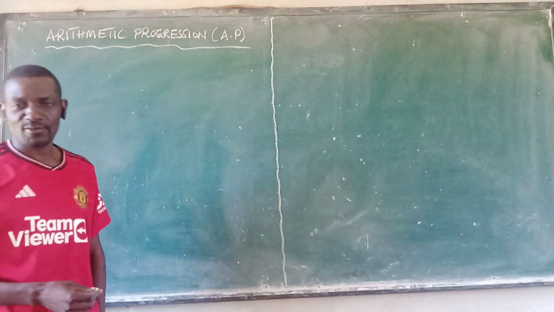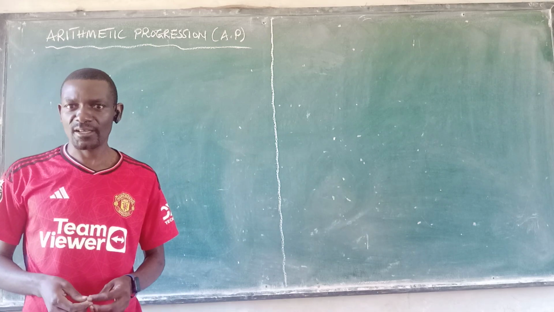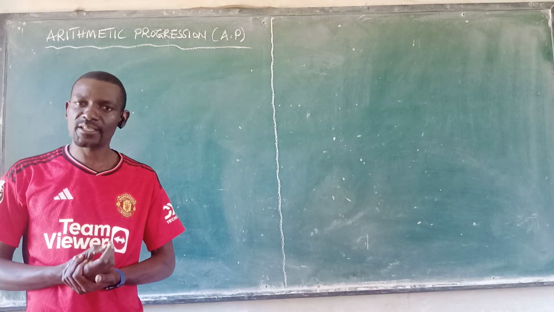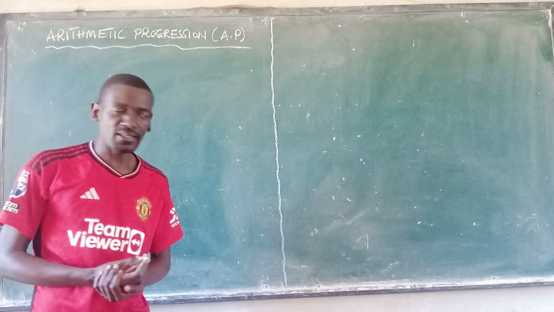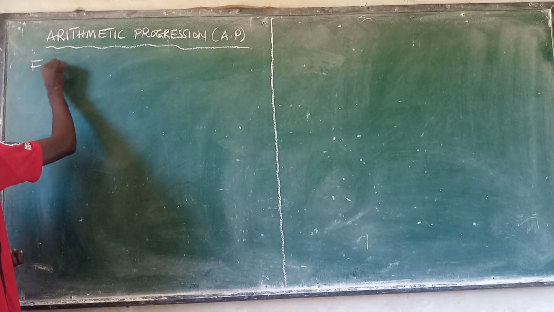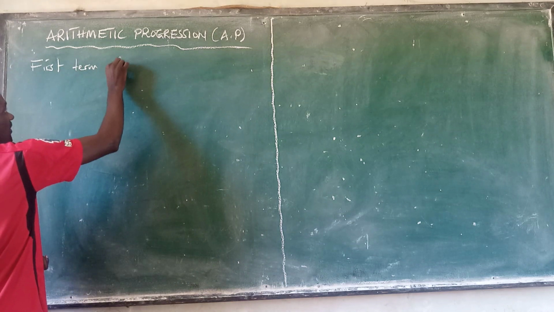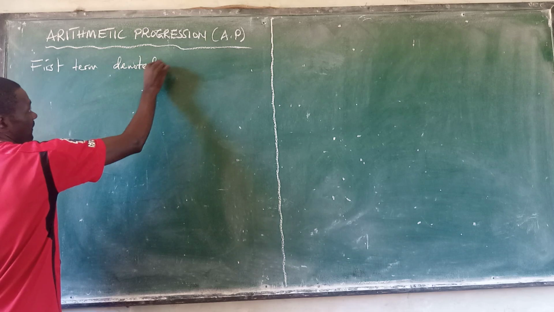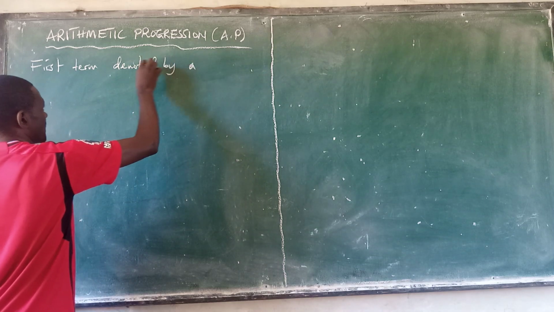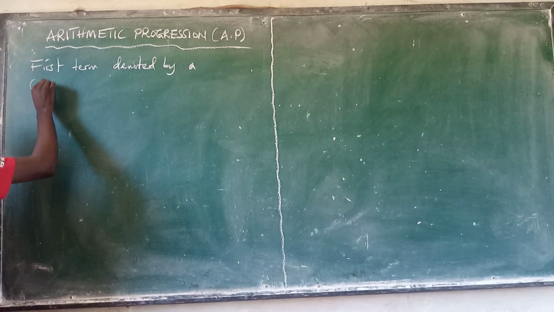Okay, so with an AP, the way it is, we have the first term, which is denoted by the letter A. And then we'll have the common difference.